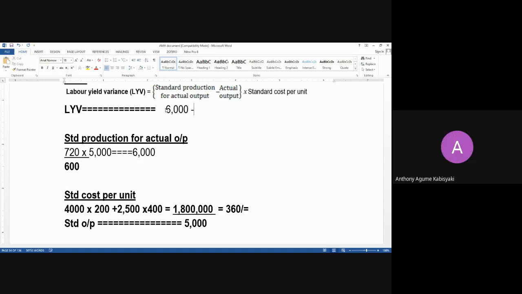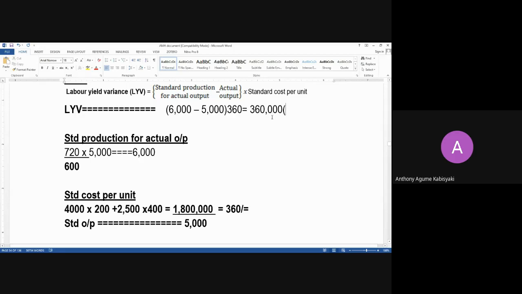I subtract the actual output, which was 5,000. Then I multiply by the standard cost per unit, which is 360. That gives me 360,000.